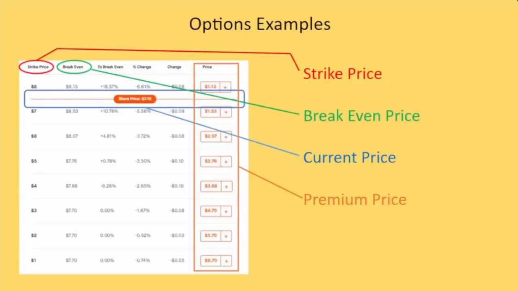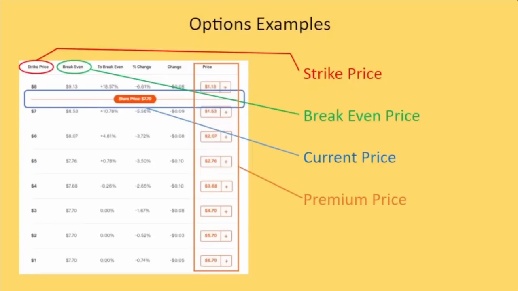If you look in the red, you'll see a red circle and it says strike price. If you look down that left side column, those are all numbers and they're going to be considered strike prices: 8, 7, 6, 5, 4, 3, 2, 1, all dollars. Then the break-even price, the green, that's our next line. We're going to hold off on the information in that one, but we know it's there.